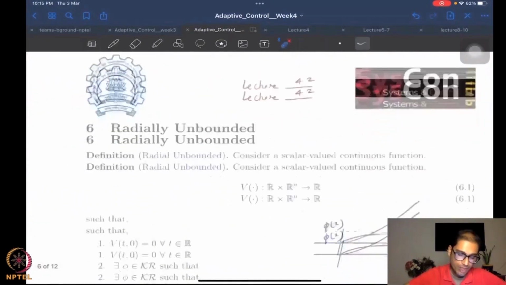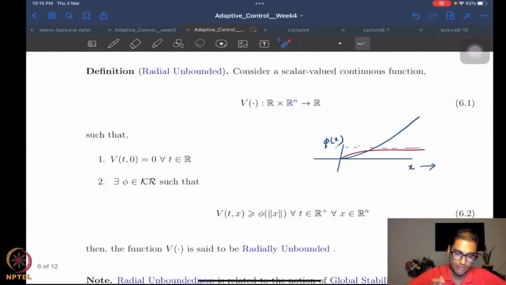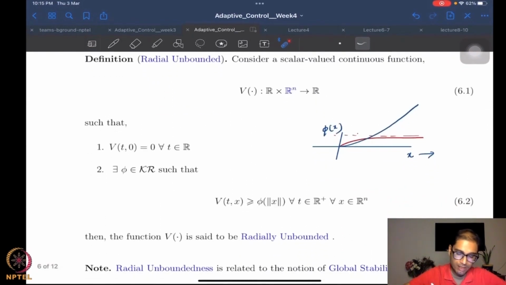On the other hand, radial unboundedness is typically used to conclude global stability properties. And so we require this function V to dominate this class KR function, which is this guy in this particular case here, for all time and for all values of the state. Okay, so this is a much stricter condition, as you can imagine.